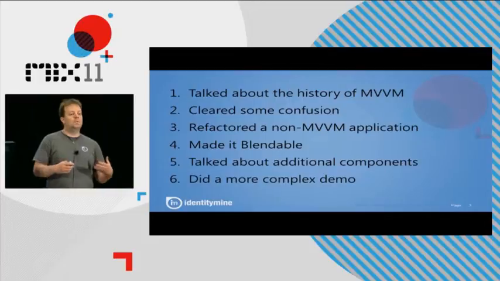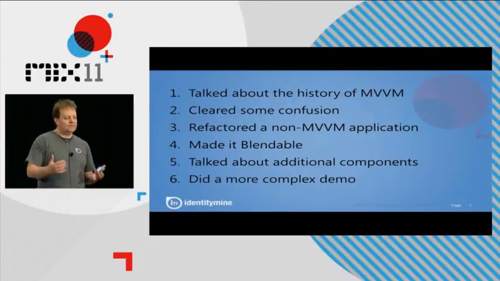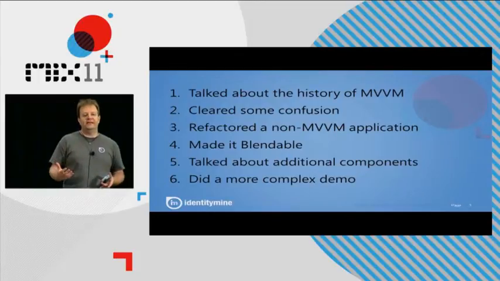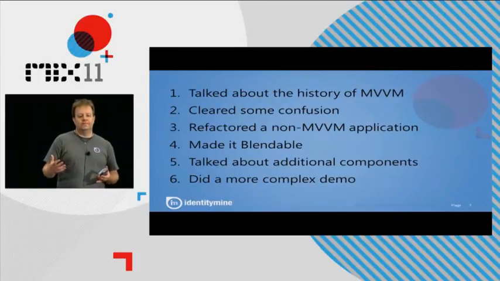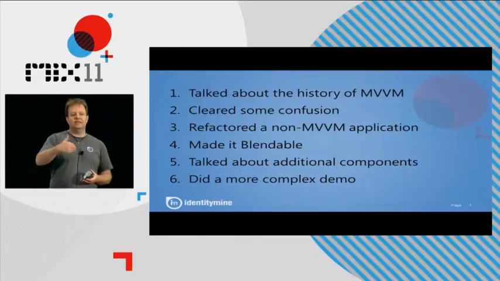Finally, we did a more complex demo where we introduced additional concepts, like, for example, the view model locator, which you can use to create your view models, to wire them together with the services, and to expose them so that they can be data-bound to the view.